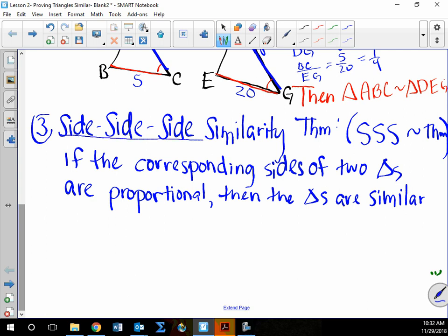But for similar triangles, we are checking that the sides are proportional, which means same ratio.